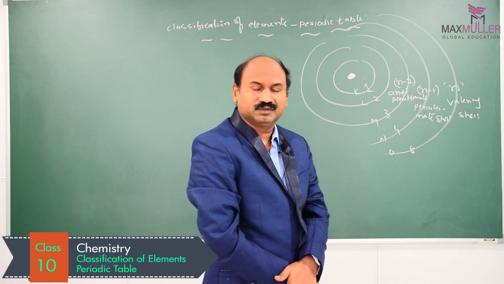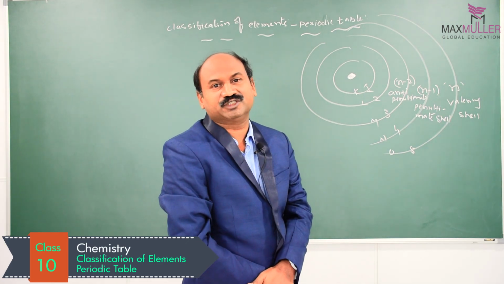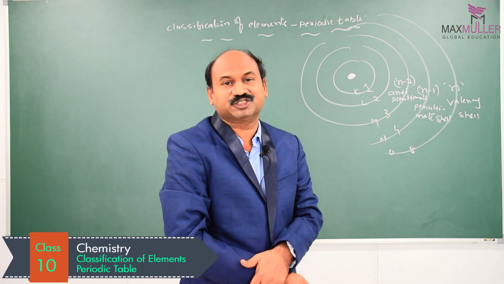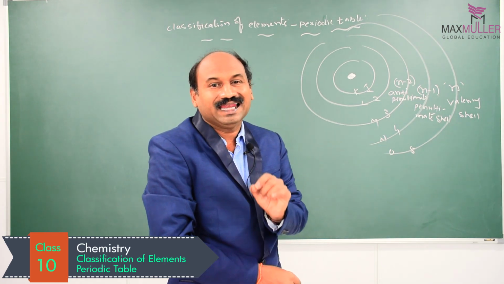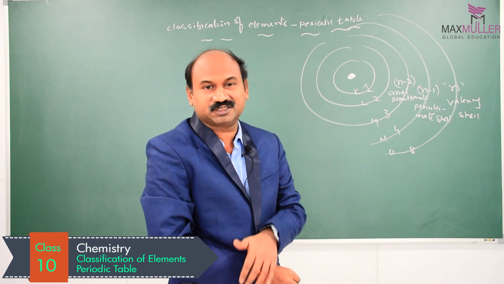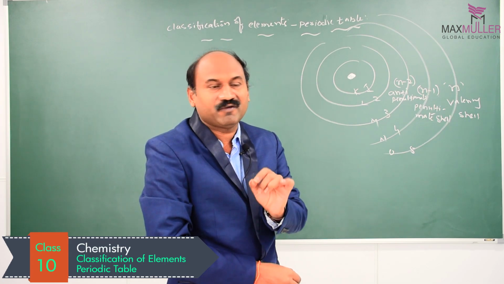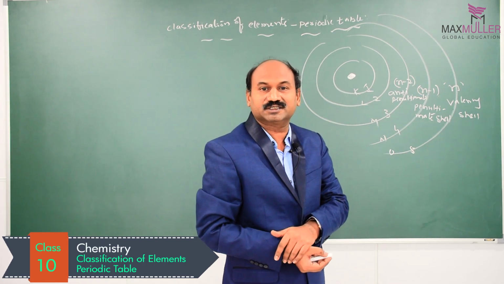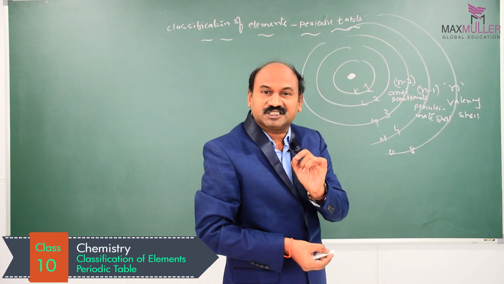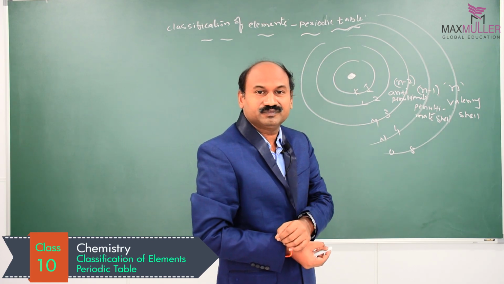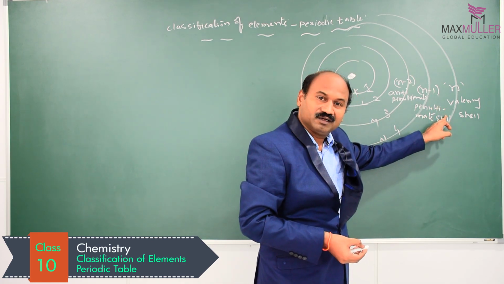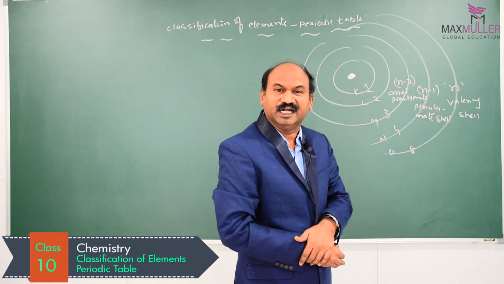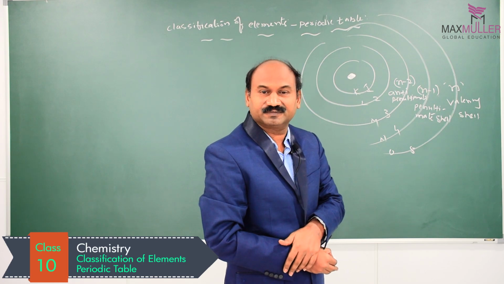Now, how are elements classified into SPDF blocks? If the differentiating electron enters into the ns sublevel, that means the s sublevel in the valence shell, then it is called an s block element. If the differentiating electron enters into the np sublevel, that means the p sublevel in the valence shell, it is designated as a p block element.